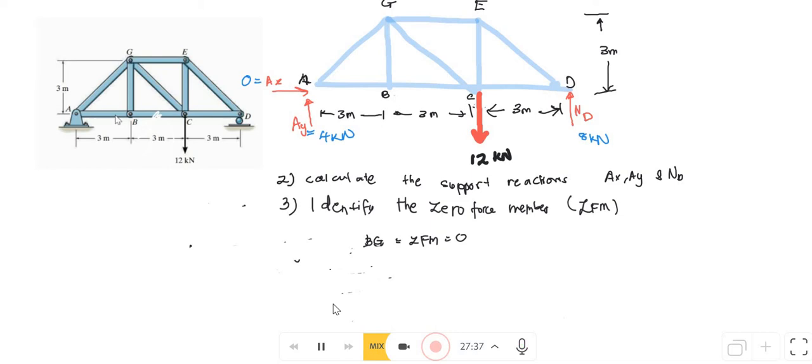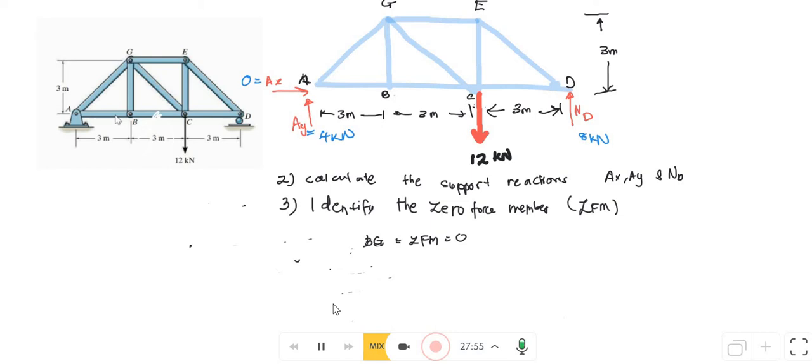But as a beginner you have to identify whether it is used or not. That will be a different story, but a beginner should know about that. So now we have a zero force member here, BG.